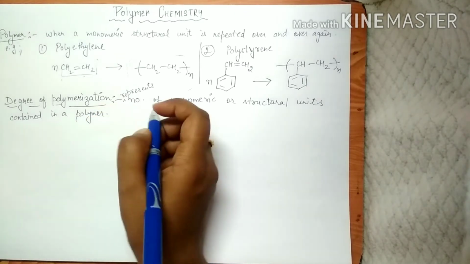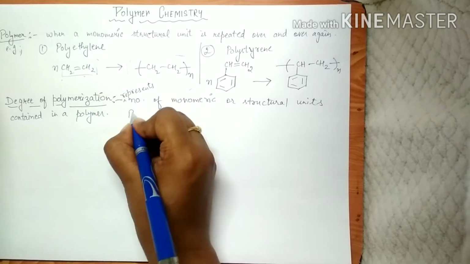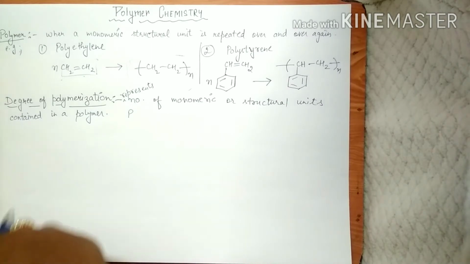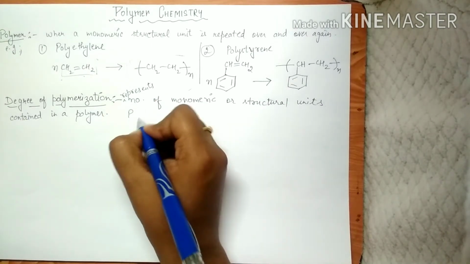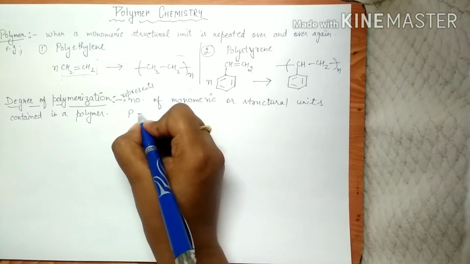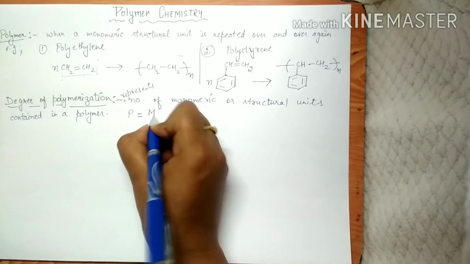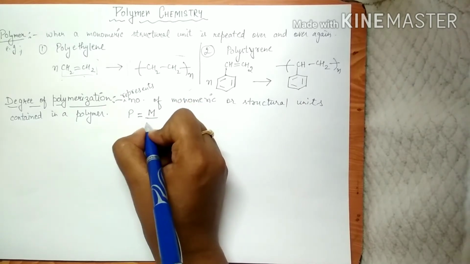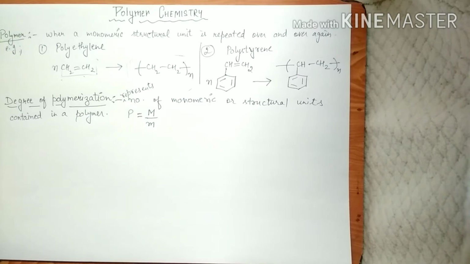Okay, now degree of polymerization is represented by capital P, and degree of polymerization can be calculated by using this formula. Capital P is equals to capital M upon small m.